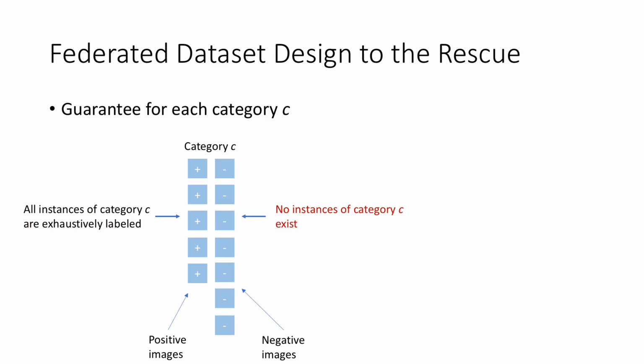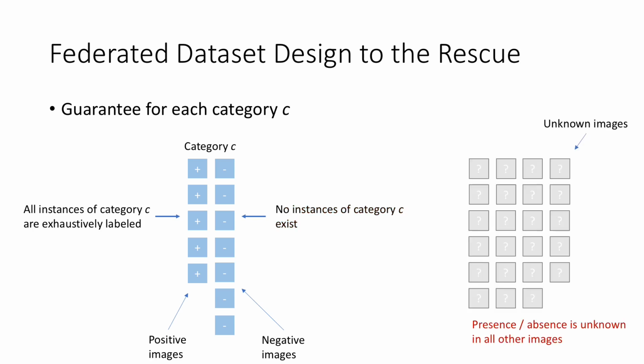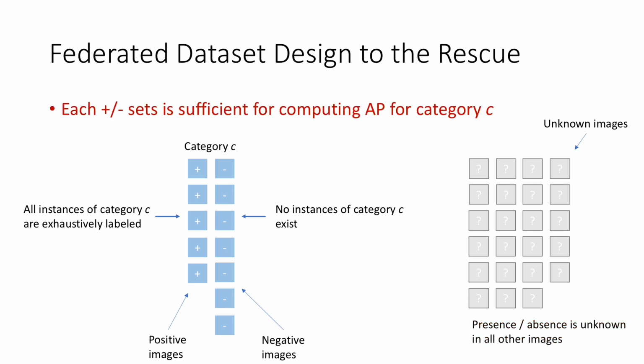And we also have negative images for which we guarantee that no instances of category C exist. Then there are all the other images in the dataset D. These images are unknown with respect to category C. The positive and negative sets are sufficient for computing AP for category C. During evaluation, the unknown images play no role in the evaluation for this category.